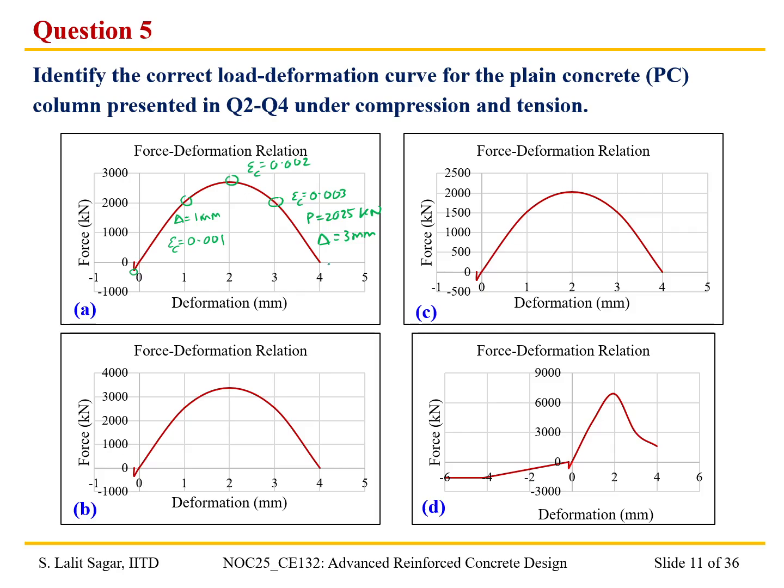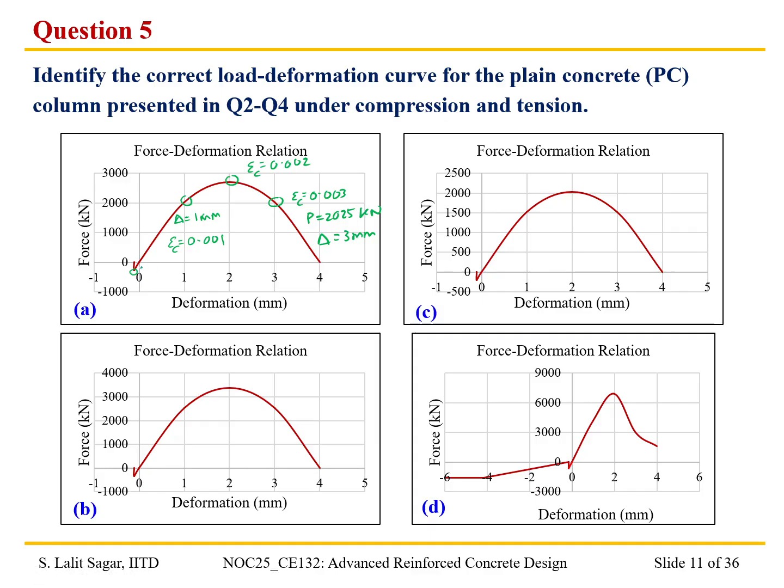Finally, you can take this up as a homework. For epsilon C equal to 0.004, we get the value of the force P as 0. So the plain concrete column reaches its ultimate capacity at delta equal to 4 millimeter.